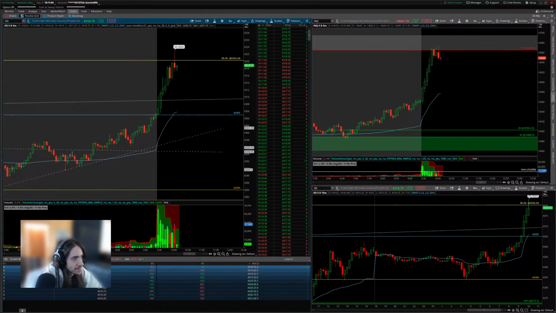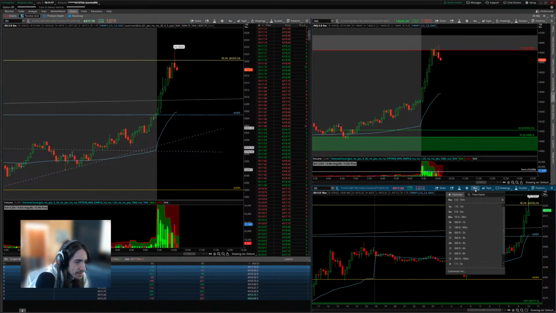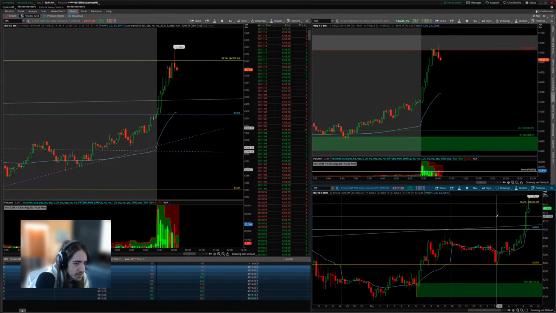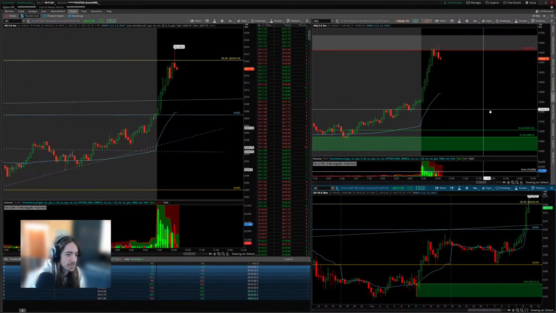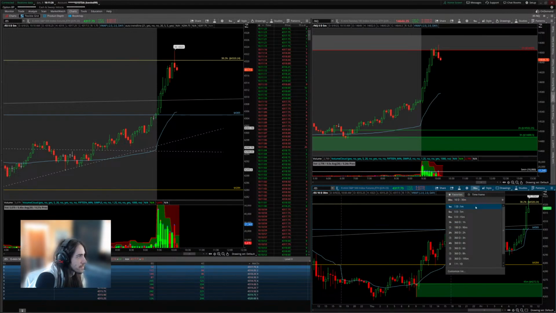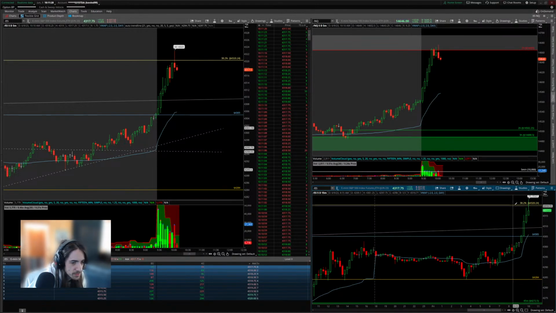Alright, I sort of feel like we go higher, but I feel like that's the fake out. So let's see, guys. Look at the 15-minute candles. We're getting very weak on the 15. Let's also check out the 30. The 30 is also getting weak. We got 20 minutes left in this 30-minute candle, though, and we only got 4 minutes left in the 15. So let's see how the 15 closes.